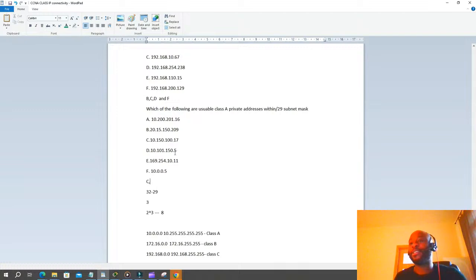So in this case, as you can see, this is also going to work because it's going to be within the first range, which is 10.101.150.0 to 7. So you cannot use 7, but you can use 5, 6. You can use 1, 2, 3, 4, 5, 6. So the formula, which is basically 2 raised to power n minus 2. Good. So this is actually going to work. C, D.